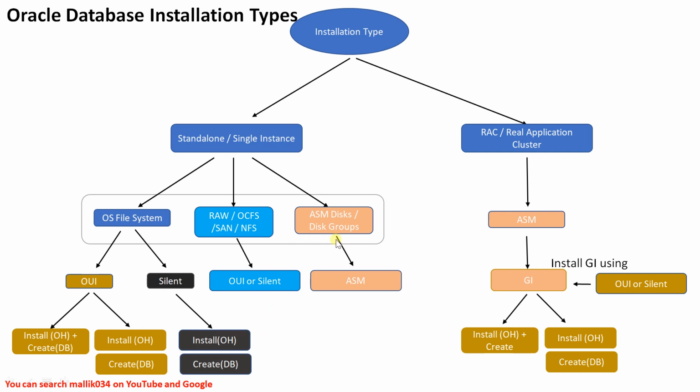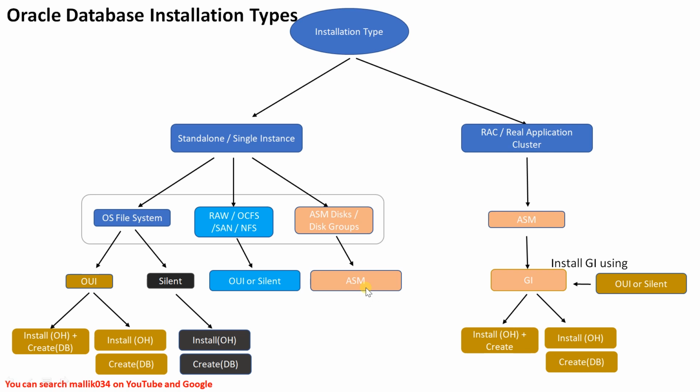And coming to ASM disks or disk groups, you are first creating your ASM libraries. For those ASM libraries, again you can go with the OUI or GUI mode. First you are going to create your ASM libraries. On top of these ASM libraries, that is called your clusterware libraries and grid infrastructure libraries.